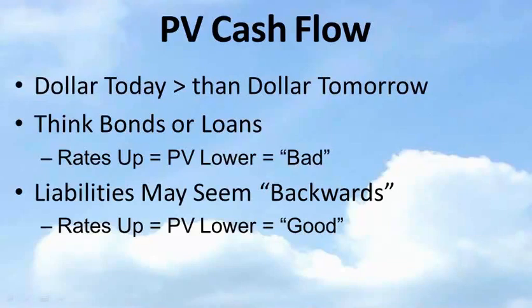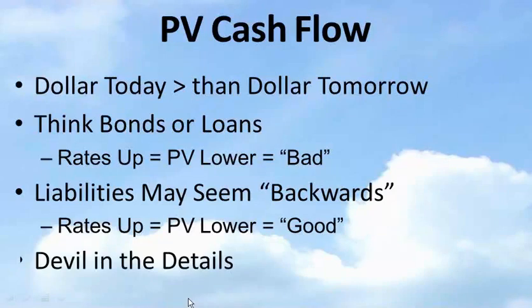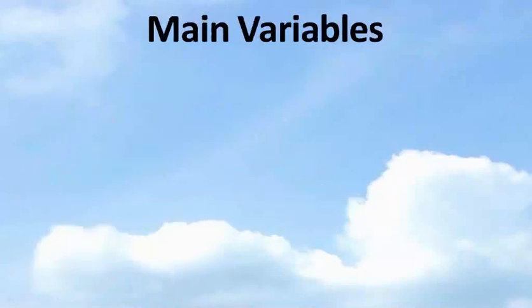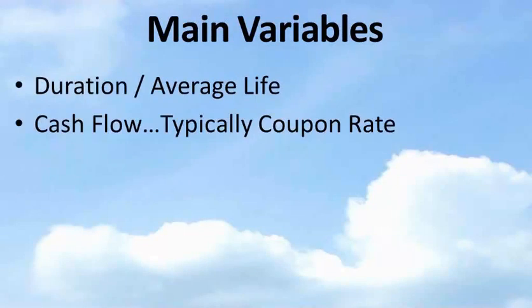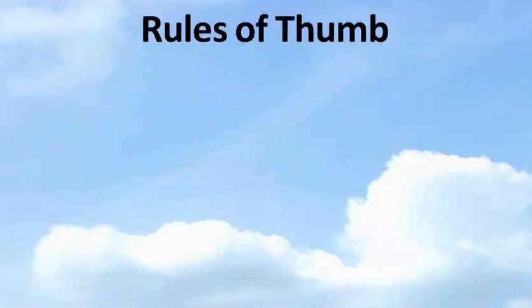All right? So we're going to gloss over some of the details, but we want to make sure that we look at the main variables. The main variables we're interested in here are the duration or average life of your assets and liabilities, your cash flow, which is typically the coupon rate involved or the book yield, depending on how close to book your assets and liabilities are, and then the discount factor.